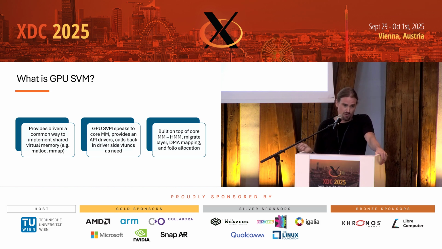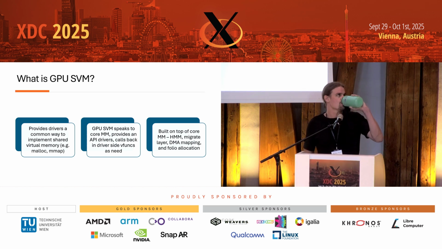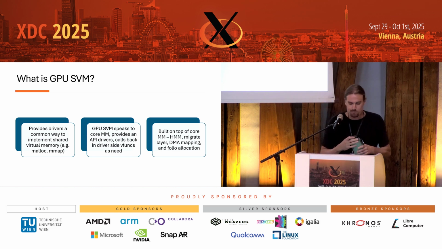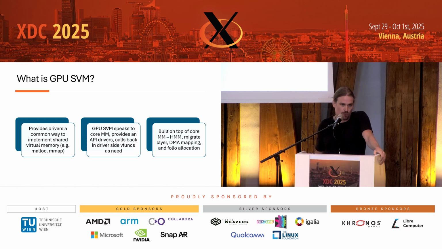When you need to move memory from system memory to device memory, you need to DMA map it. Lastly, there's memory allocation. If anyone has ever worked with the core MM API before, it's pretty difficult to work with, and that's kind of how GPU SVM came about.